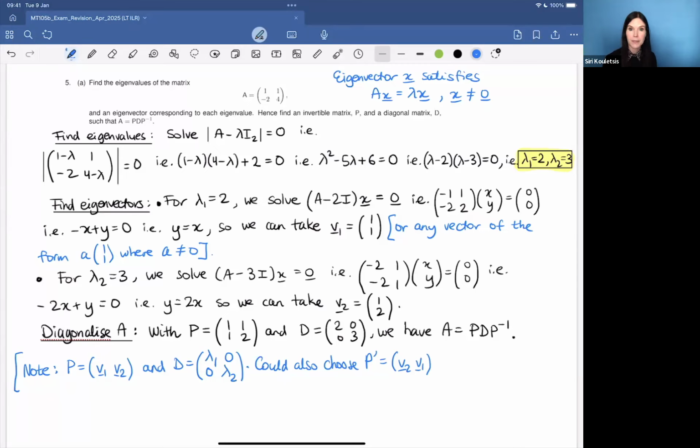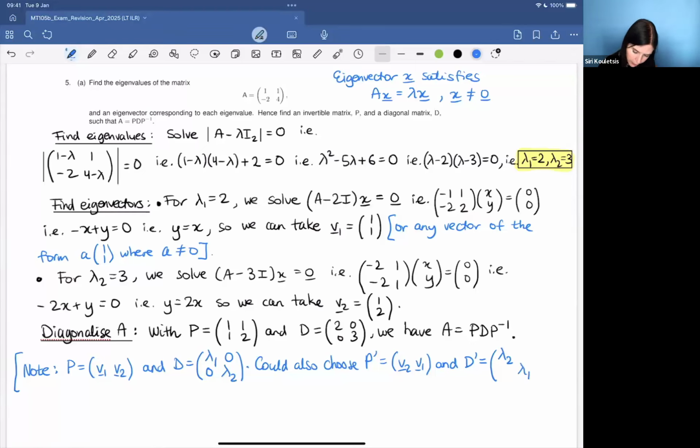We have no freedom whatsoever in how we construct the diagonal matrix D dash, because now we have to have the eigenvalue corresponding to the first column of our P dash, which is lambda 2, since we put V2 there.